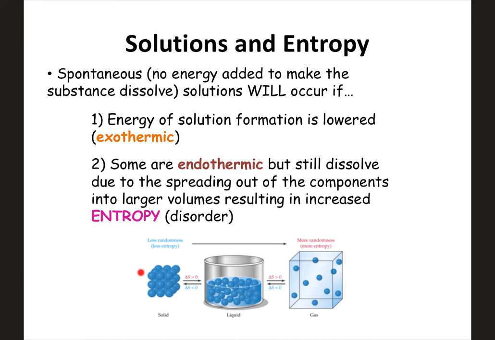So basically, the idea here is that your solute is very organized. Your solvent, your liquid, is pretty organized, but when you dissolve one in the other, you get much more disorder, or more entropy, and that's preferred as well. So the solution will still form even though it's not exothermic. These are the two ways that you can get a solution spontaneously forming.